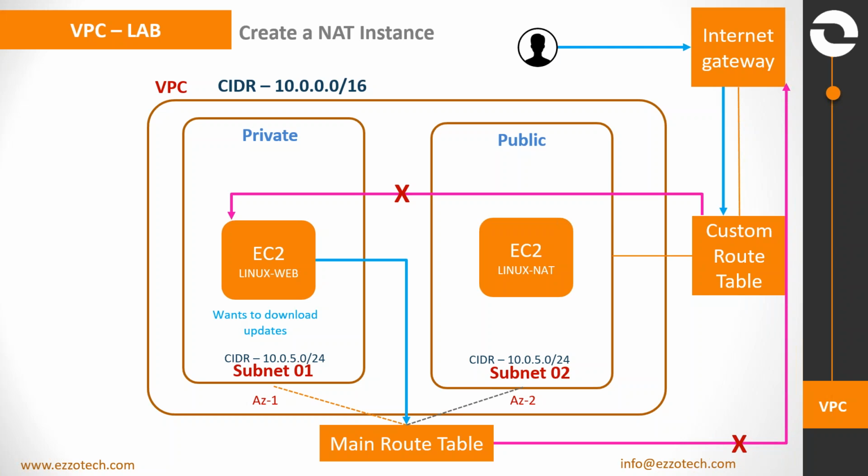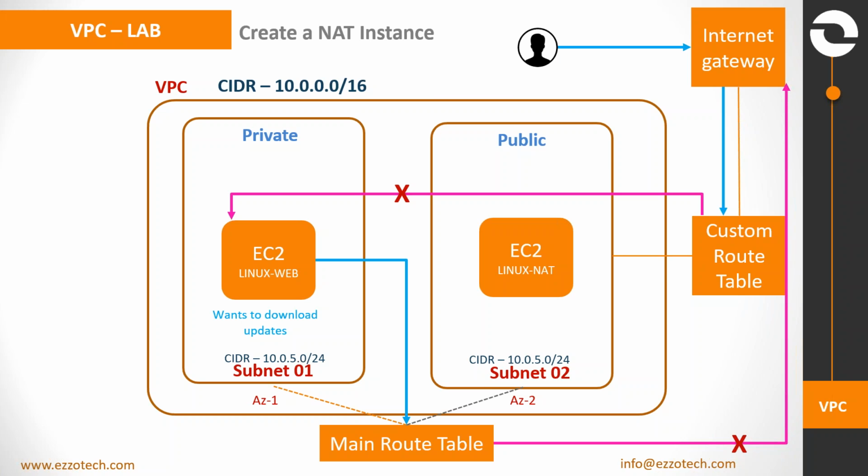Exactly. Okay, so whenever we create any VPC, the main route table gets created by default, and the only rule that main route table has is the internal communication. So any communication originating from the CIDR range of 10.0.0.0/16 will be able to communicate internally, or you can say locally.